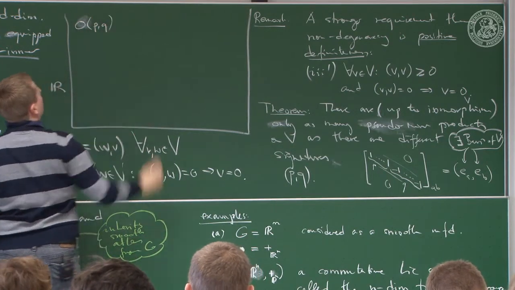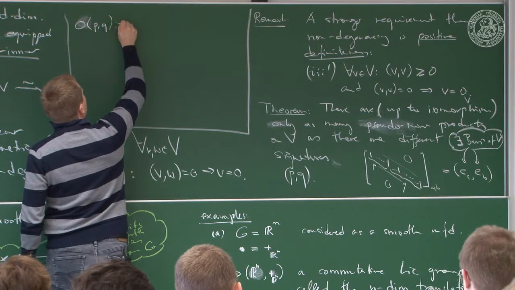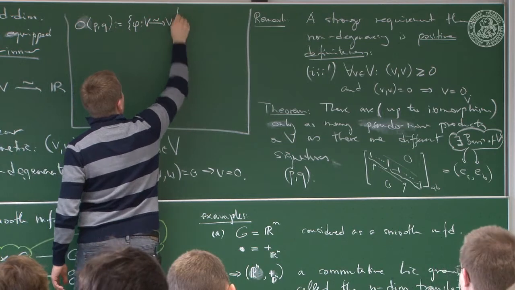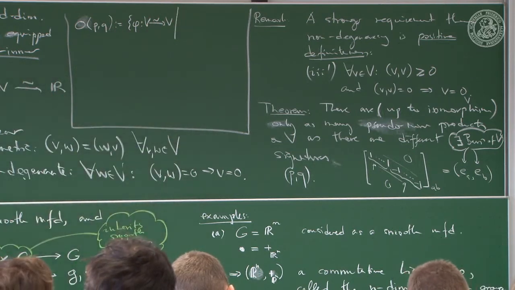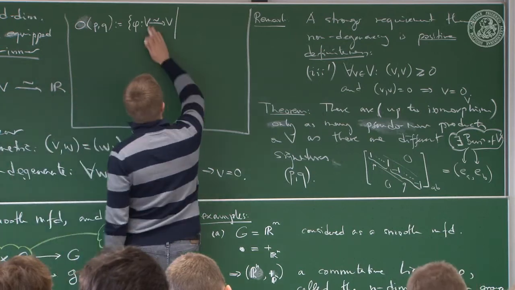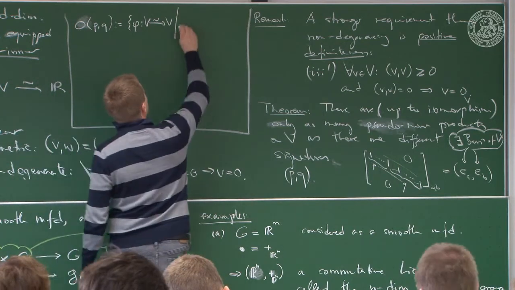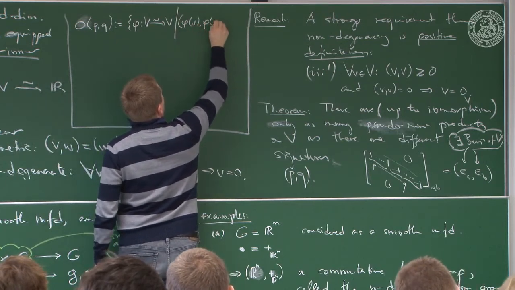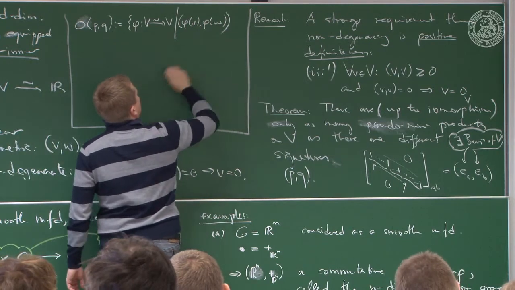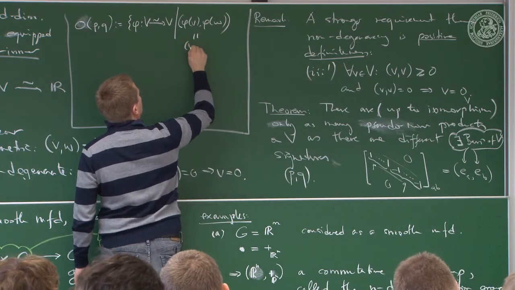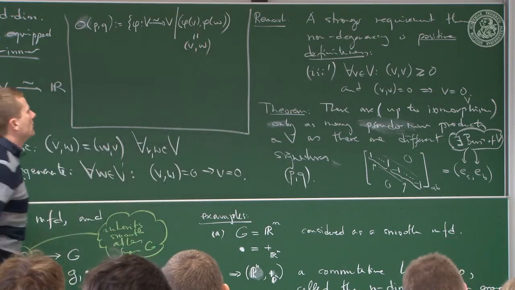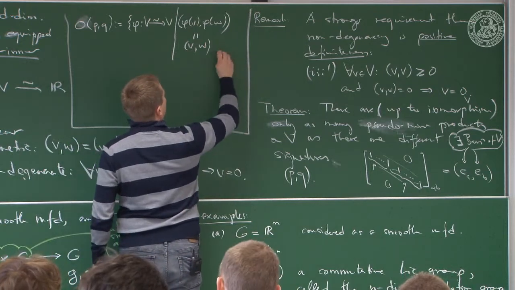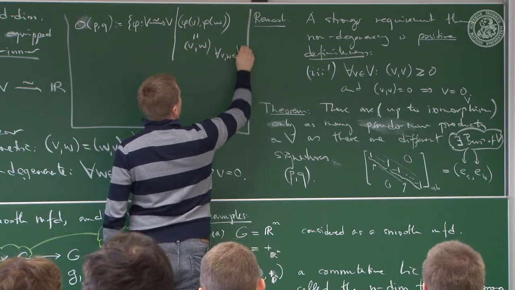And that's the set of all linear maps phi from V to V, but there's a particular condition on those, namely this map phi should leave the inner product invariant in the following sense, that you take phi of v and phi of w, and you take the inner product, this should be equal to the inner product of v and w. So the inner product shouldn't feel that you mapped both entries, and this should be true for all v, w in capital V.